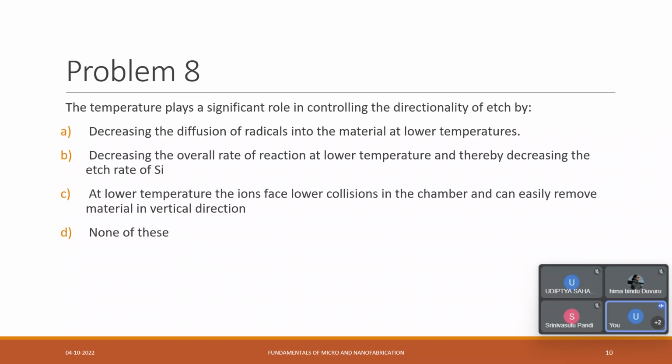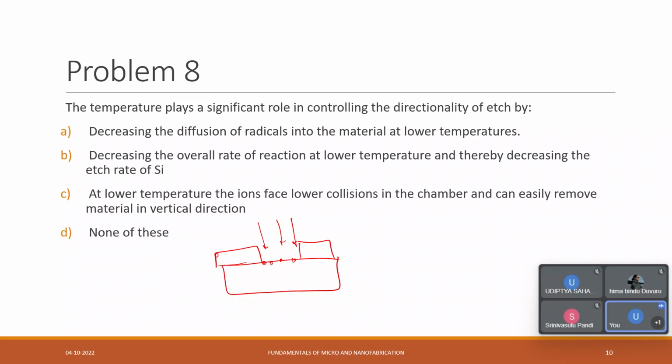Essentially, what we see is that these radicals come to the surface and they react and they etch out the material. With temperature, let's see the diagram. This is the mask, and these radicals are coming. Think that it has come to the surface.